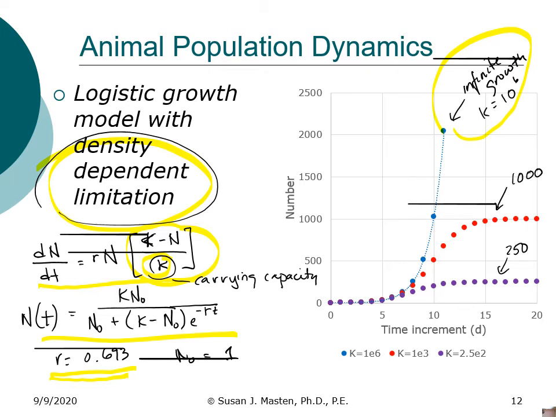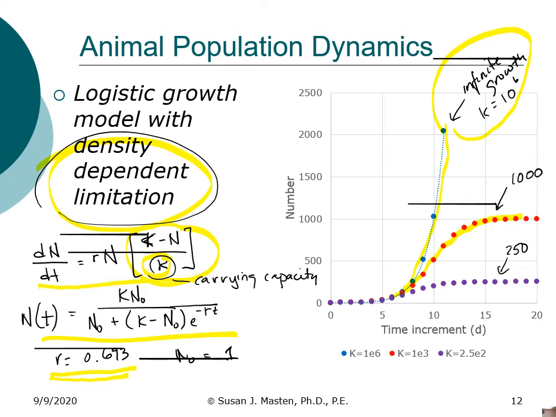And you see exponential growth. However, if I set the carrying capacity to 1,000, you see that after about 7 days, that curve starts to deviate. And you see that essentially it asymptotes at 1,000.